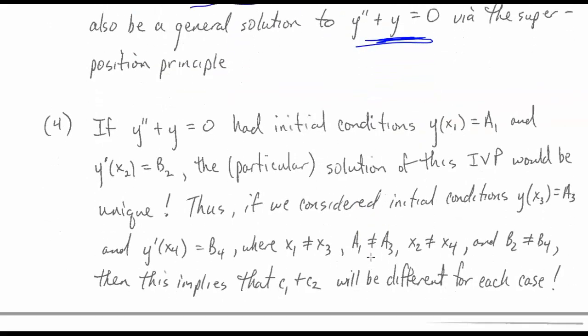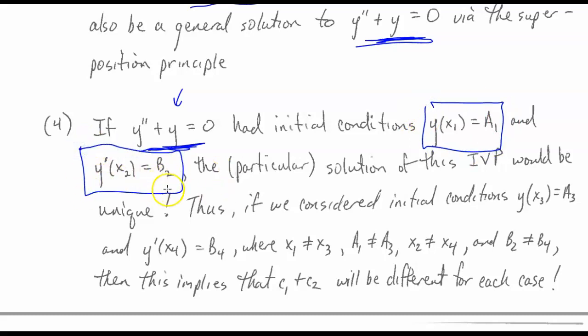And then, of course, if we had some initial conditions to our second order linear homogeneous ODE, the initial conditions normally would look like this, okay? I did it this way to keep it general, but most of the time what you will see is something like this. You'll have some X value and a corresponding Y value.